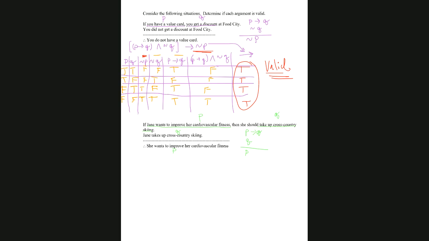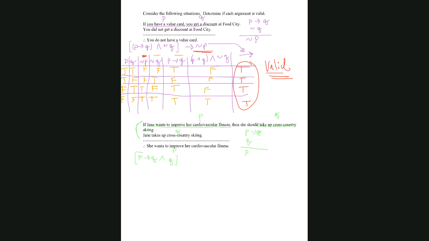So we can rewrite this as, if P, then Q, and Q. So remember, to come up with our statement, we take these two things together. We take these things and put an and in between them. And then we say, if this is true, then this must be true.